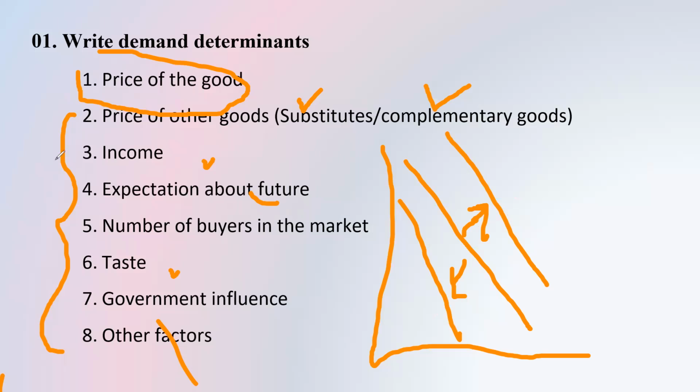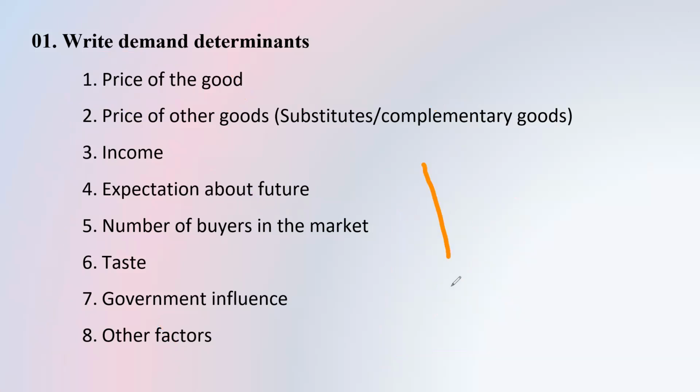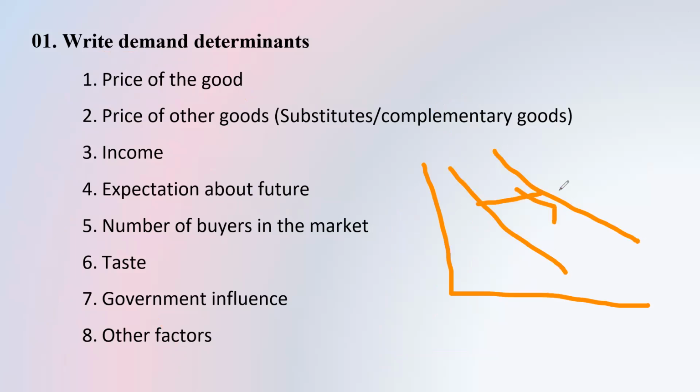Outward shift. All these things will shift the demand curve to the right hand side like this. What are those factors? Increase of substitute price, decrease of complementary goods price, increase of income, expectation of increase of future price, increase of number of buyers in the market, increase of taste.